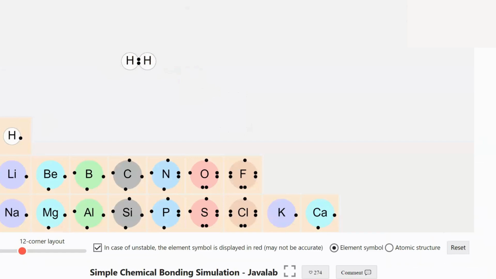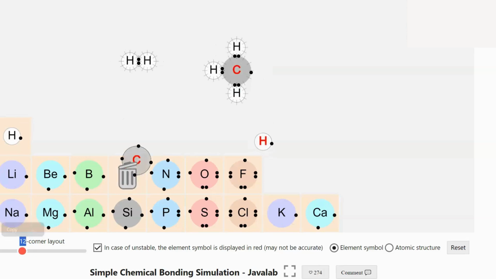Since they have only one shell, the maximum they can go for is two electrons. The shared electron is common for both species, so now both have two. Now if I take carbon, carbon needs four more electrons to attain octet, so each electron is shared with one hydrogen, which gives us a methane molecule, an alkane.